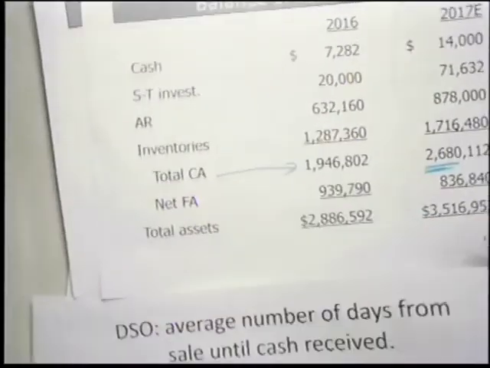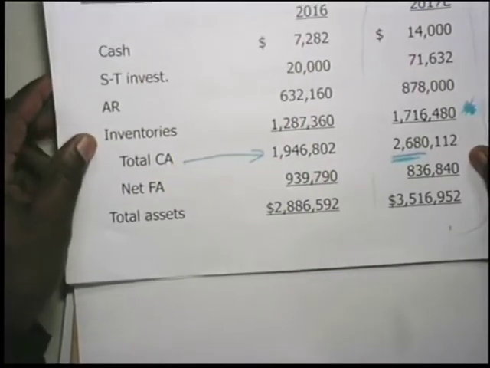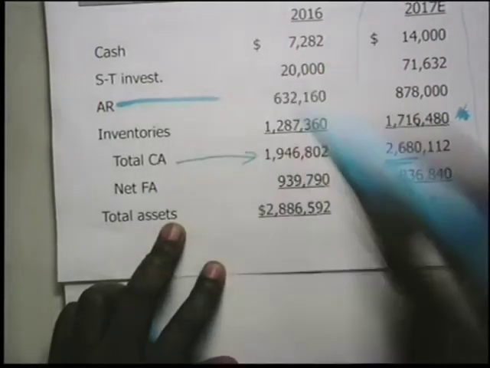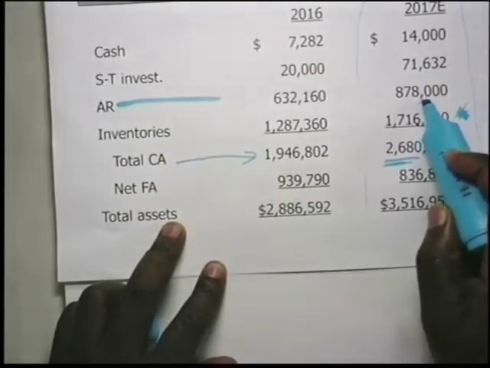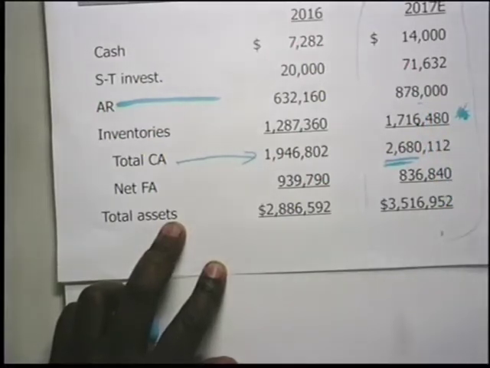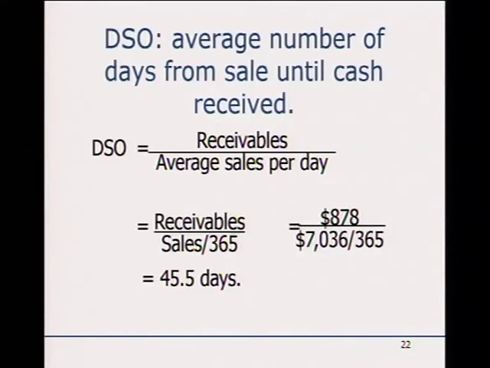Accounts receivables, where are they? It's this AR. And for 2017, it's 878,000. That is where we are getting that 878. Divided by 7.036 divided by 365, and we get 45.5 days.